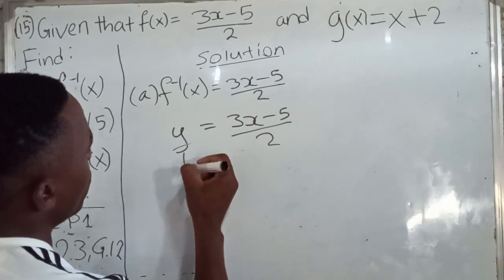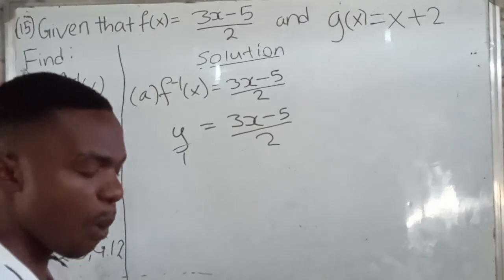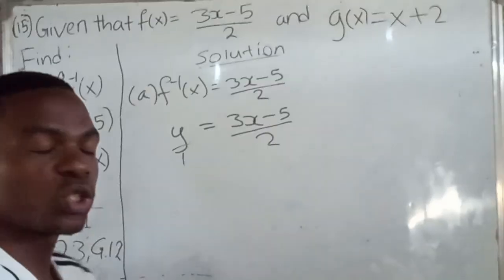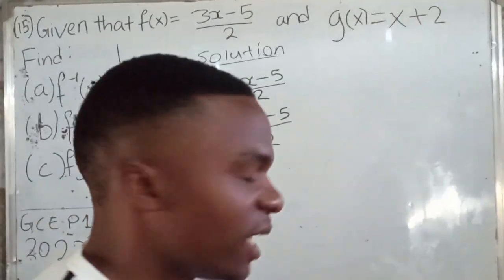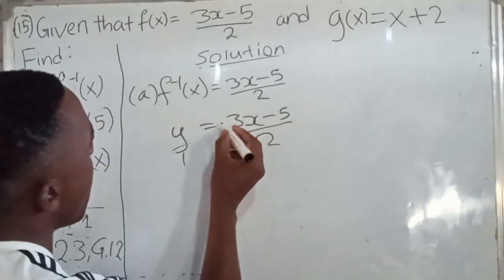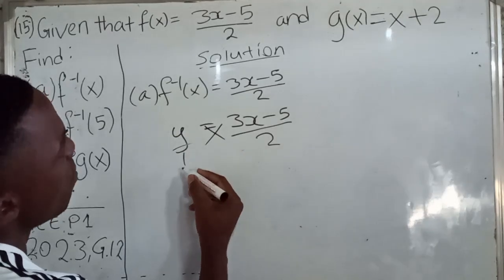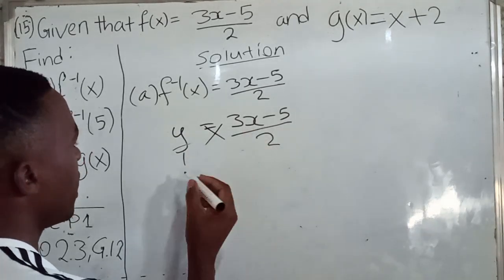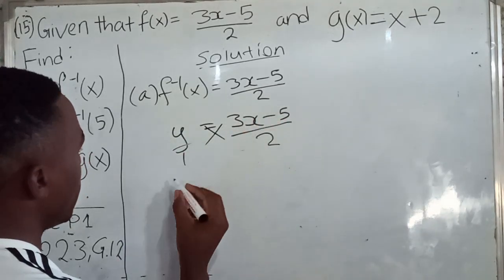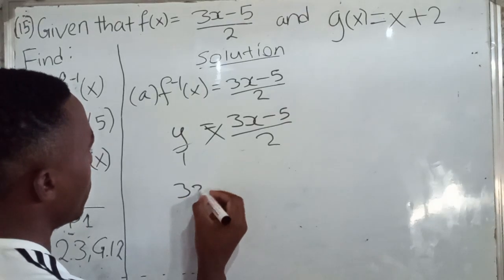We are also going to say over 1, so that this side is also a fraction and we can do a multiplication.